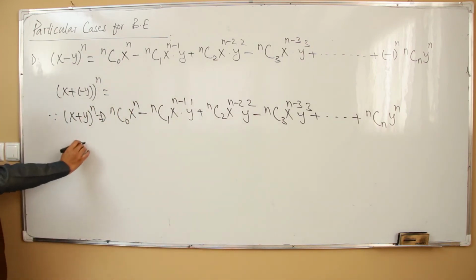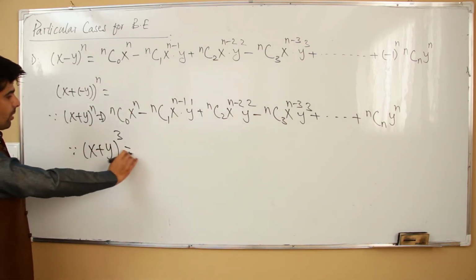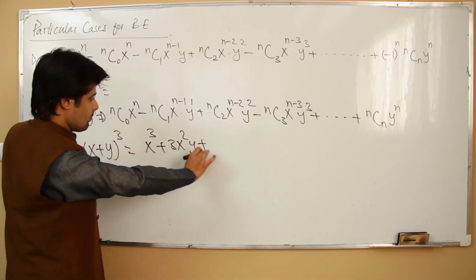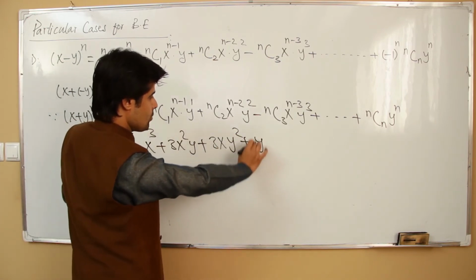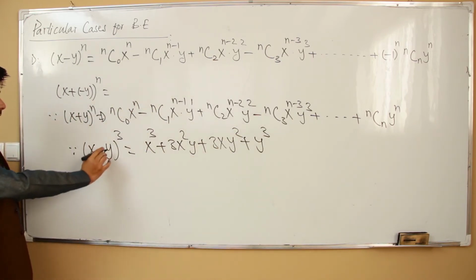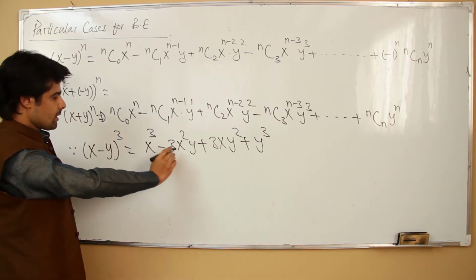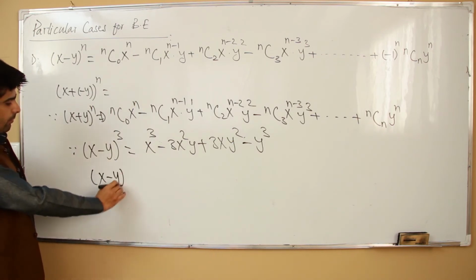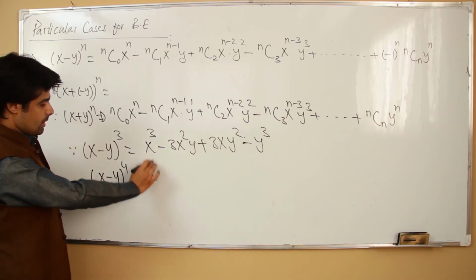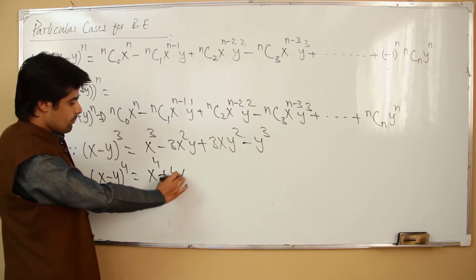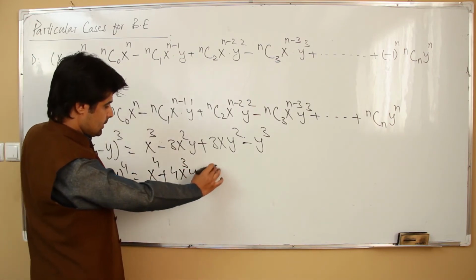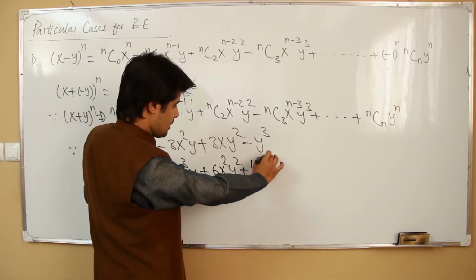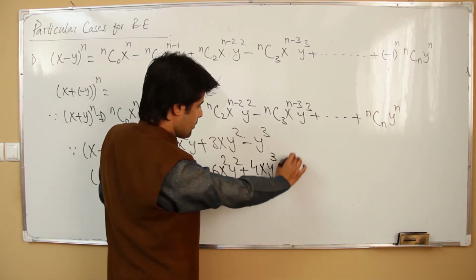If you have (x plus y) raised to the power 3, this is x cubed plus 3x square y plus 3xy square plus y cubed. But if you have minus, then the first one is positive, the second one is negative, positive, negative. If you have (x minus y) raised to the power 4, it is x to the power 4 minus 4x cubed y plus 6x square y square minus 4xy cubed plus y raised to the power 4.